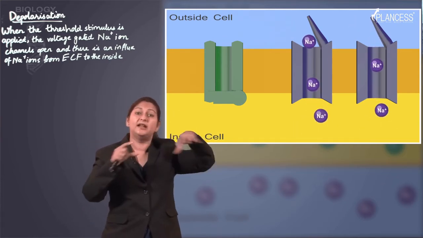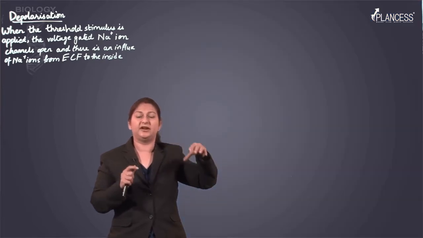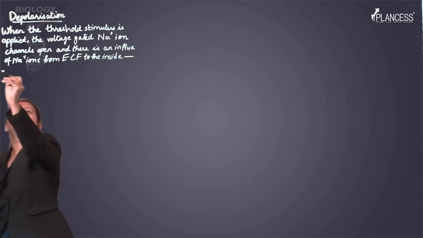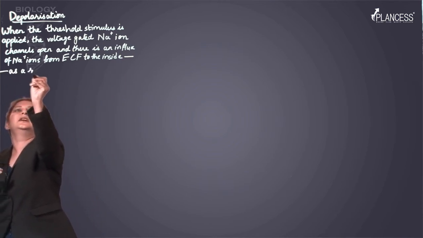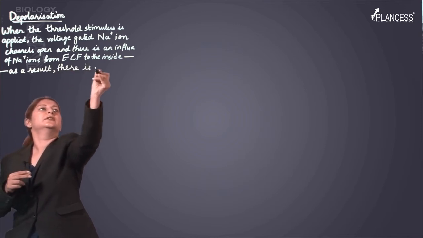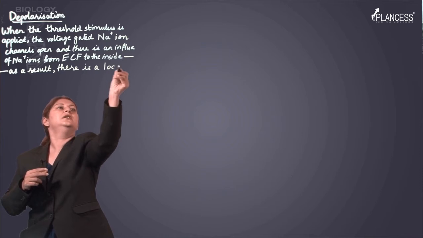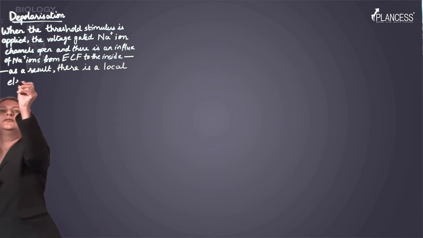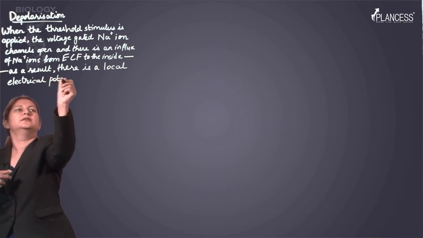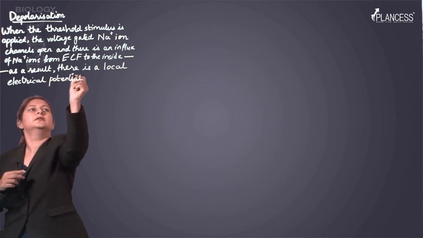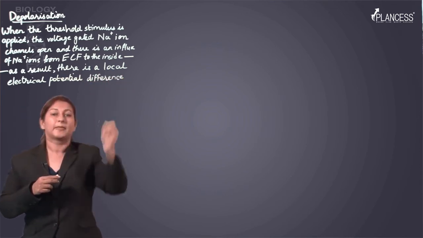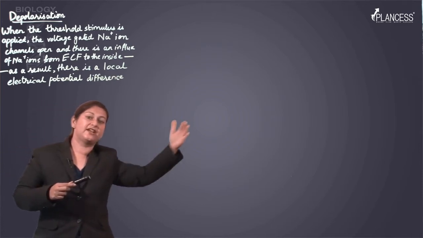Then the rapid flow of the sodium ions inside will cause a difference in the local electric potential. So, as a result, there is a local electrical potential difference, and you can see that it goes like a wave.